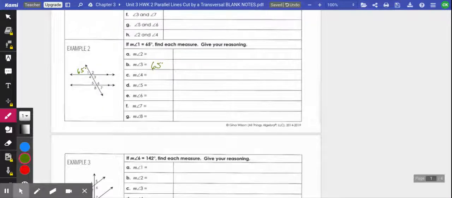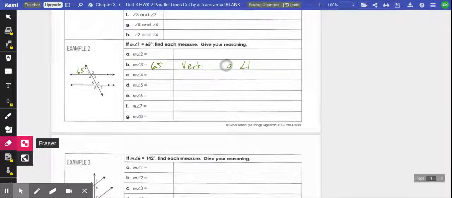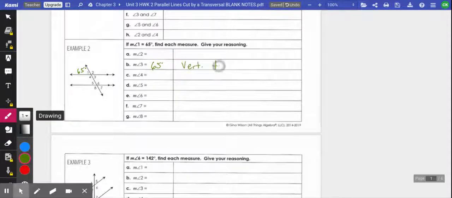And why is that? Because it's a vertical angle to angle 1. Okay. So angle 3 is 65.